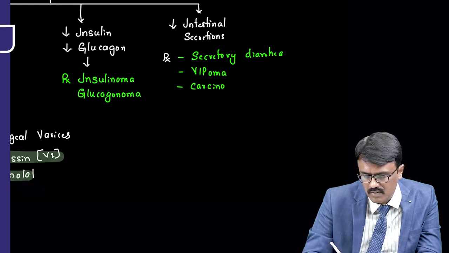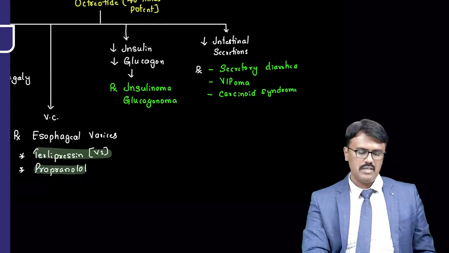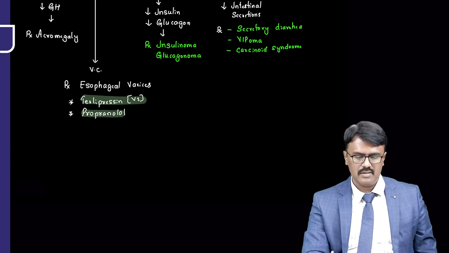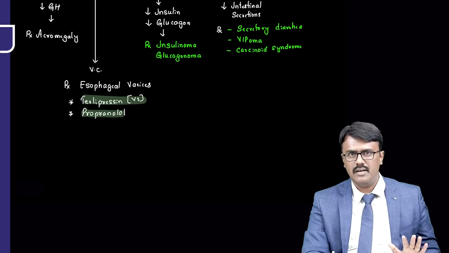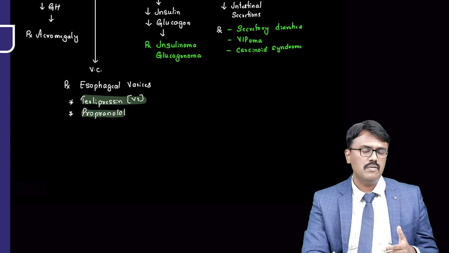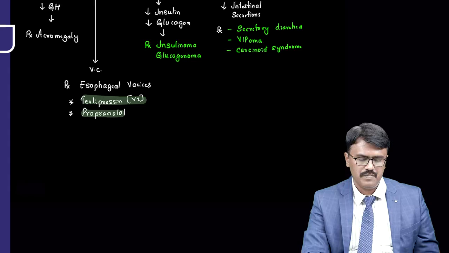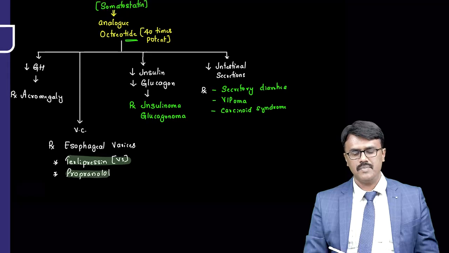These are the conditions where we see diarrhea and we use octreotide. So basically you should understand octreotide is used for acromegaly, esophageal varices, insulinoma and glucagonoma, and in diarrhea, particularly secretory diarrhea. In most exams they will ask whether it is used in bloody diarrhea. No. And remember, it's a tide, so it is not given orally.